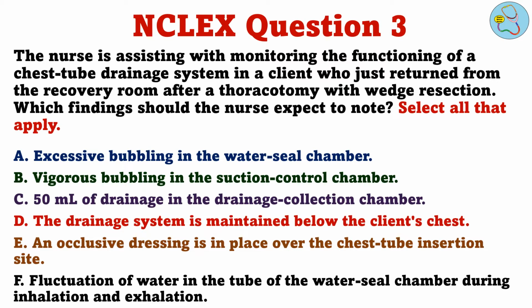B. Vigorous bubbling in the suction control chamber. C. 50 milliliters of drainage in the drainage collection chamber. D. The drainage system is maintained below the client's chest. E. An occlusive dressing is in place over the chest tube insertion site. F. Fluctuation of water in the tube of the water seal chamber during inhalation and exhalation.